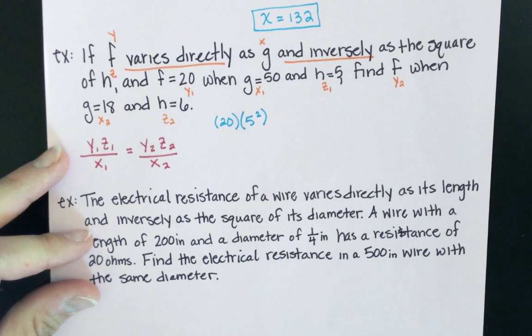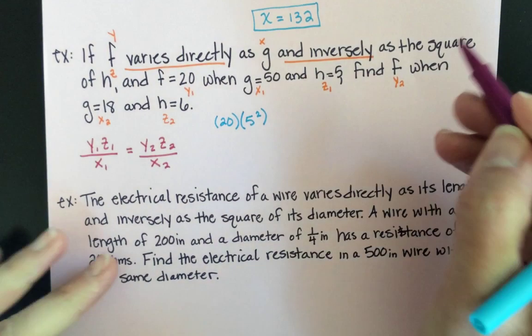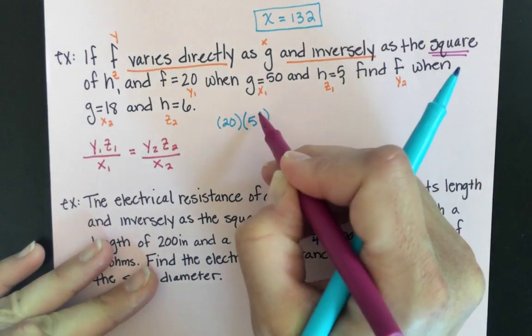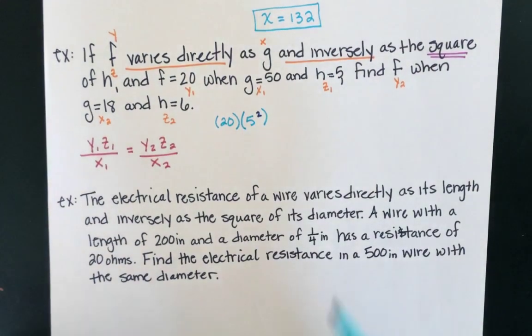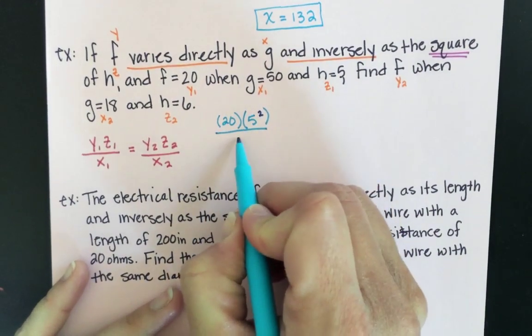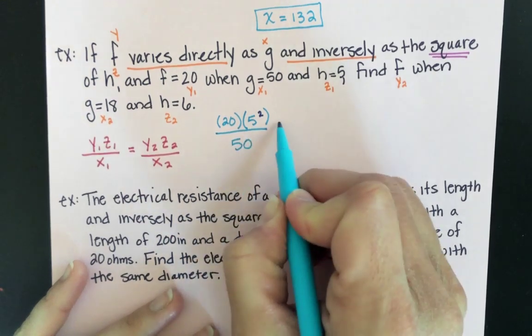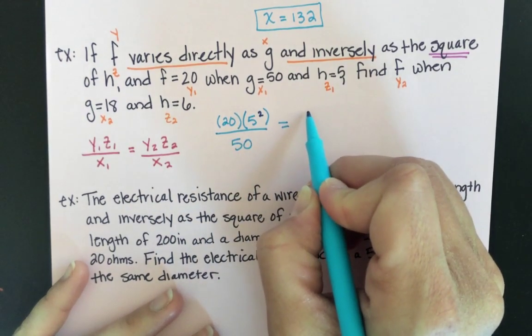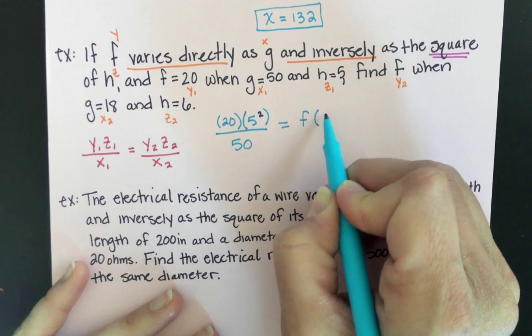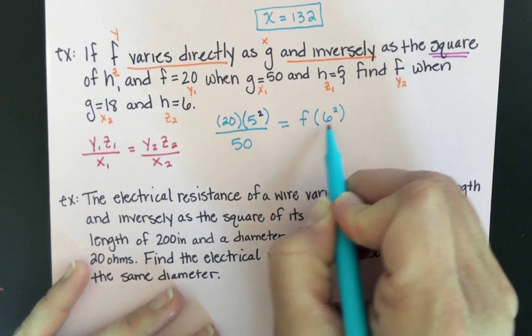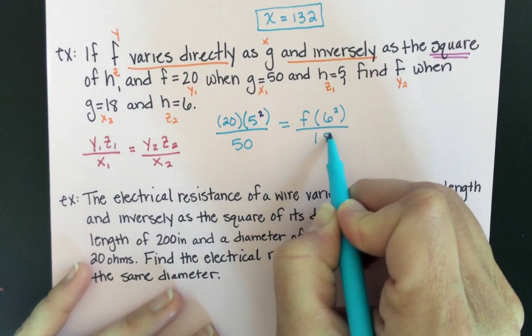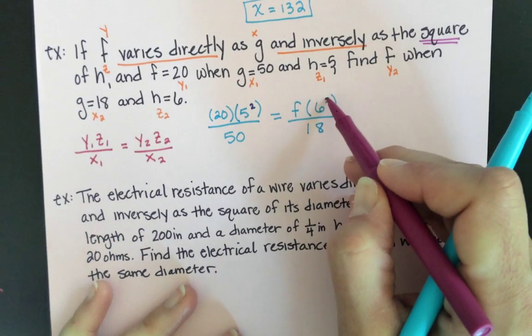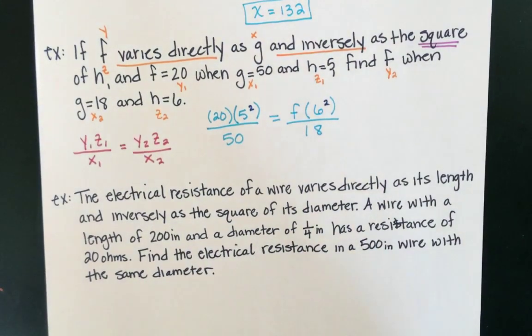We don't want to forget that it does say square it, so we want to make sure that we do that. Over x1, which is 50. Then we have f times 6 squared over 18, and we don't want to forget that we had to square that as well.